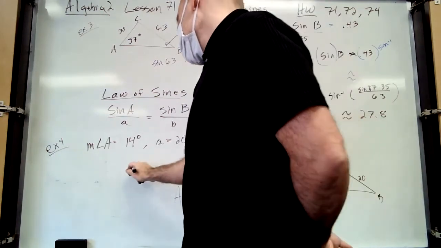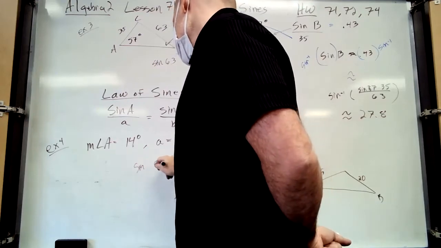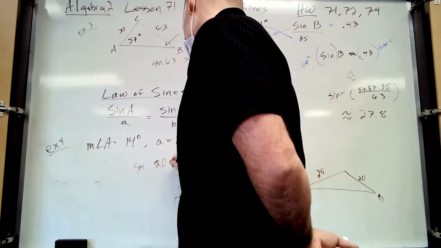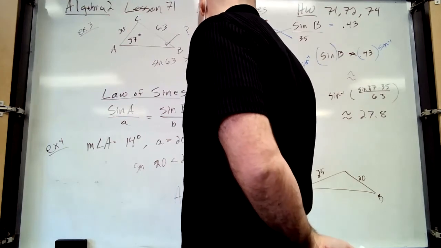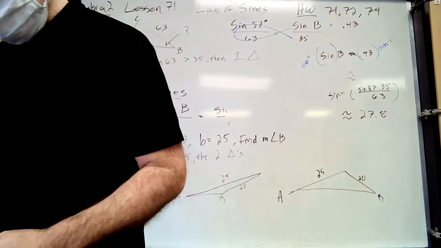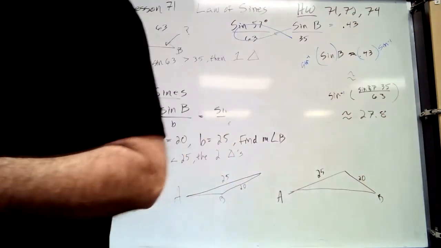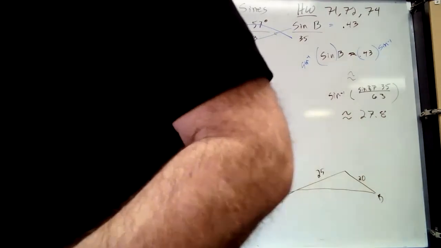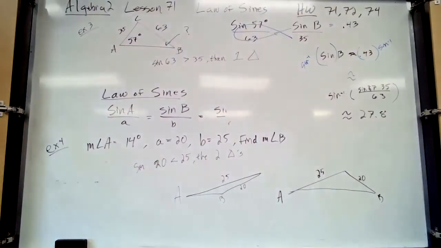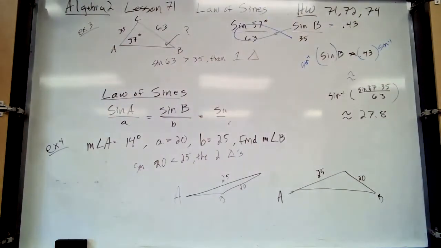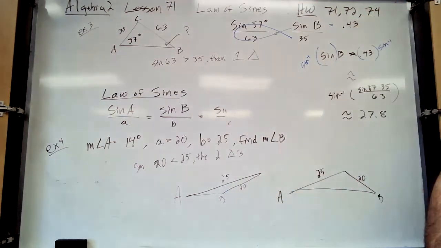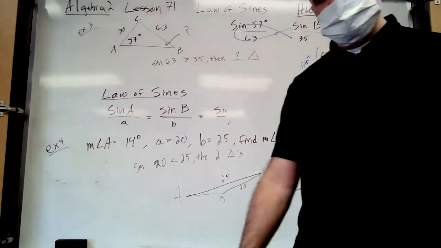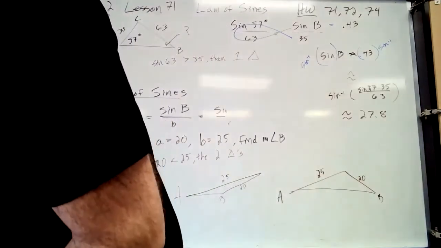Okay, but since 20 is less than 25, then two possible triangles. So you just have to determine both options. So it could be this really obtuse angle, or it could be another acute angle.